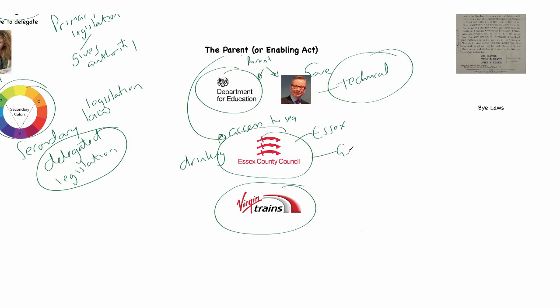If it's geographical knowledge, it will be given to the local authority area, somewhere that understands the local area. If it's given to a particular body, in this case Virgin Trains, it will be for something like setting fares on the railway. Okay, that sort of area.